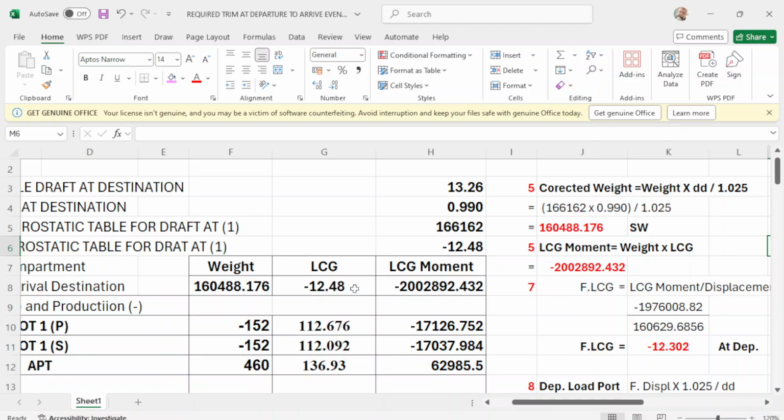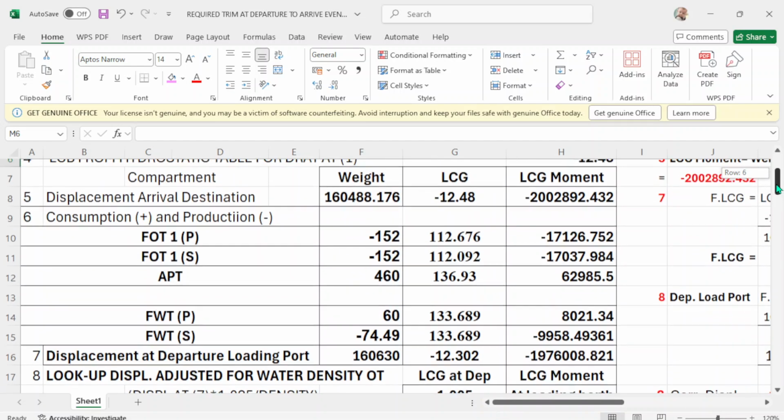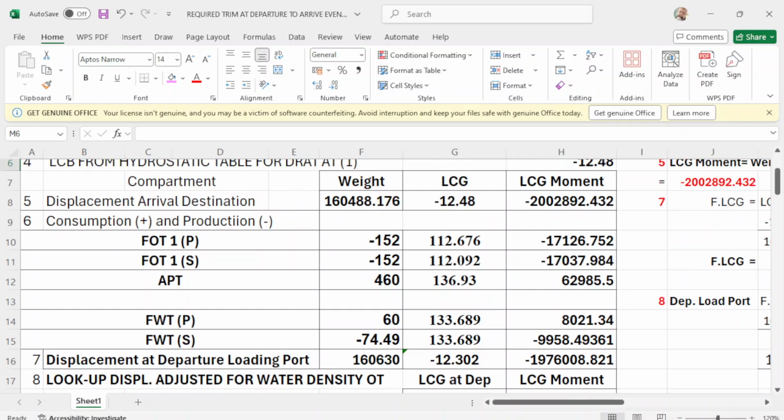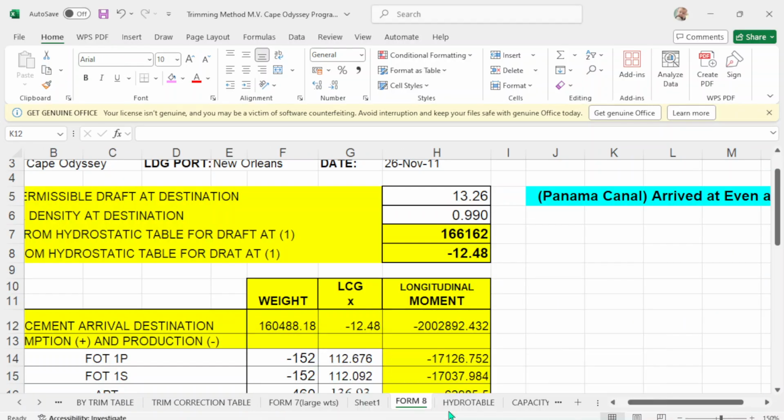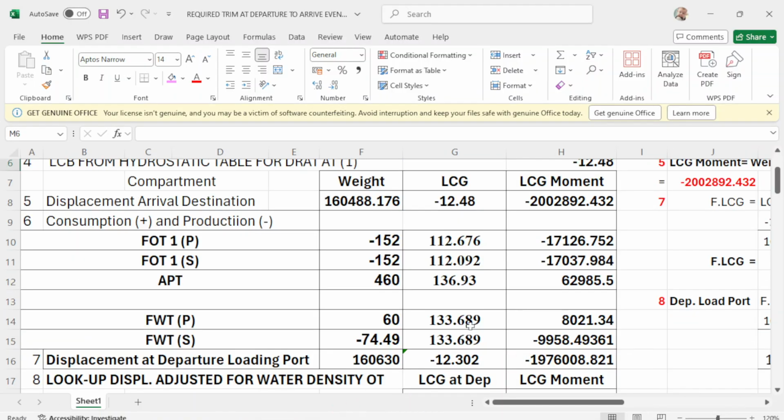Okay, now proceed here. So this is the same, 2002982.